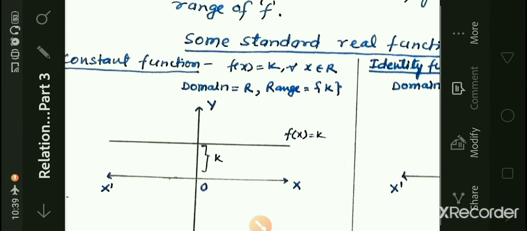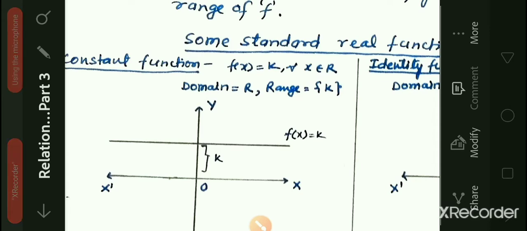As in our case, f(x) = k. Here x belongs to real numbers. For every real number, there is associated a unique element, that is k, and we cannot get anything apart from k.